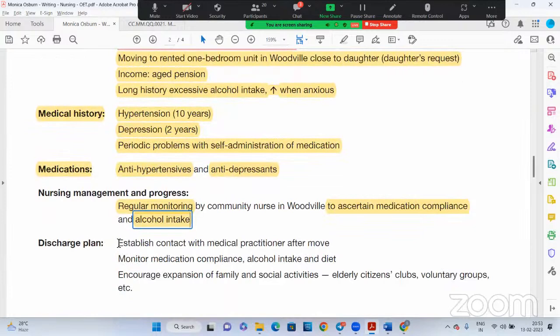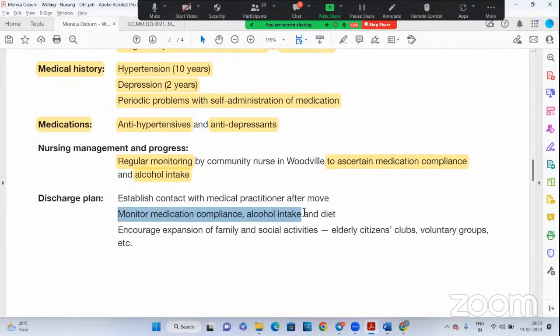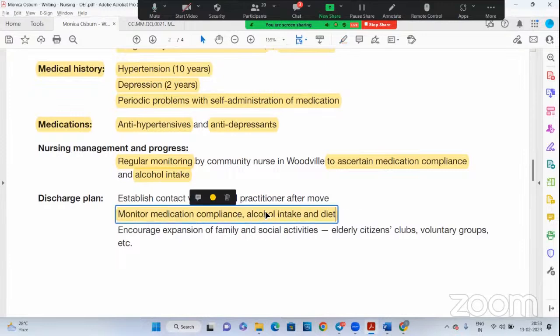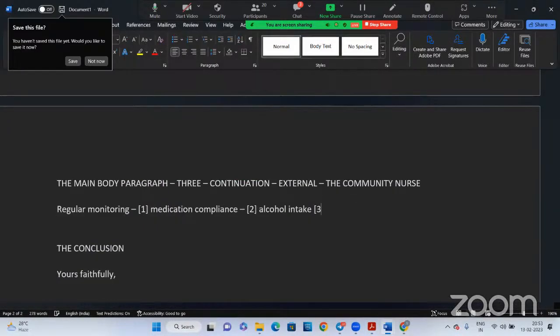Discharge plan. Now here you have to see, we have already seen: monitor medication compliance, alcohol intake, and diet also. So this is repeated here. Number 3 is diet.